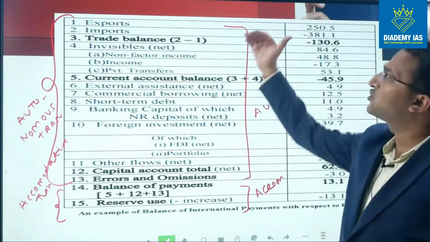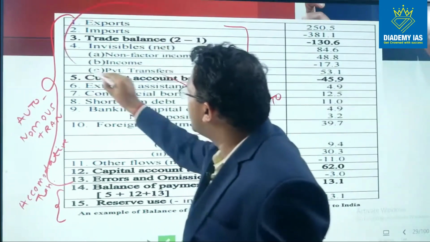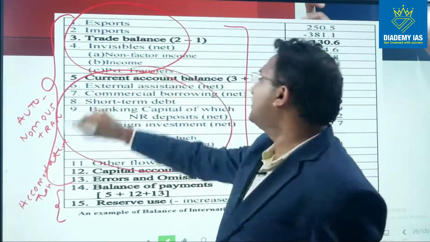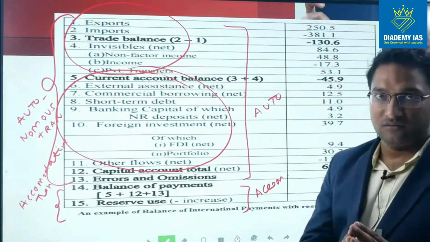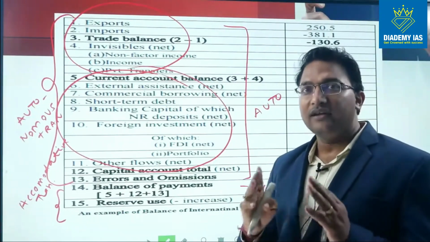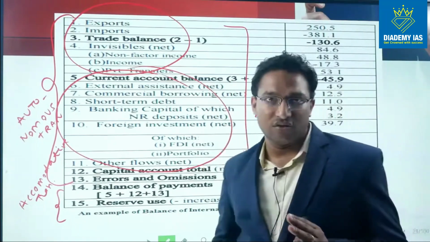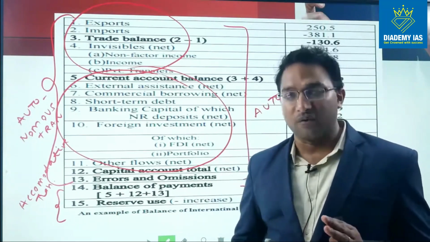All these transactions, which include all the current account transactions and all the capital account transactions, have some profit motive, right? The purpose of all these transactions is profit maximization. If we are doing export, we want to increase our profit.